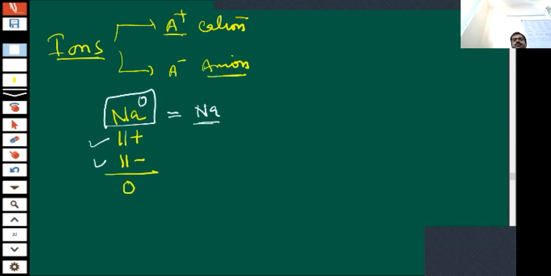Okay, children? Did you understand? But suppose some difference occurs in this plus charge and minus charge. Suppose this is Na, and 11 plus is there, and some electron is lost. Why it is lost is a different issue.